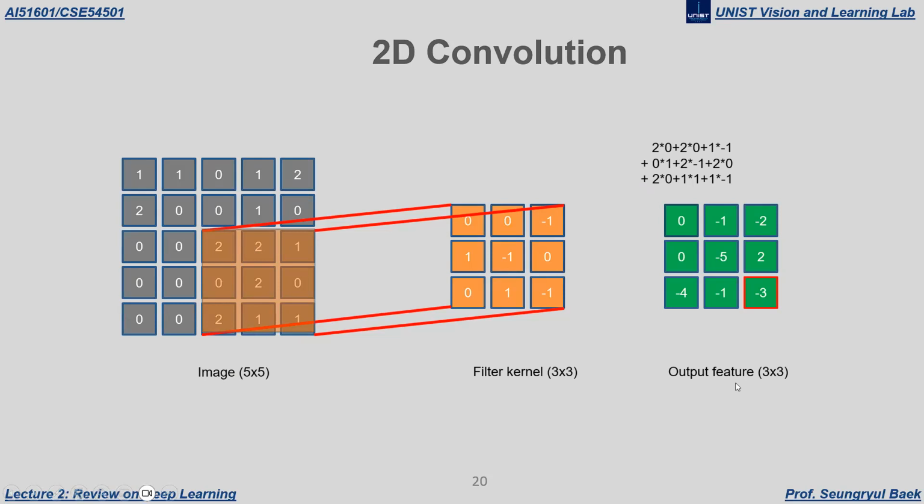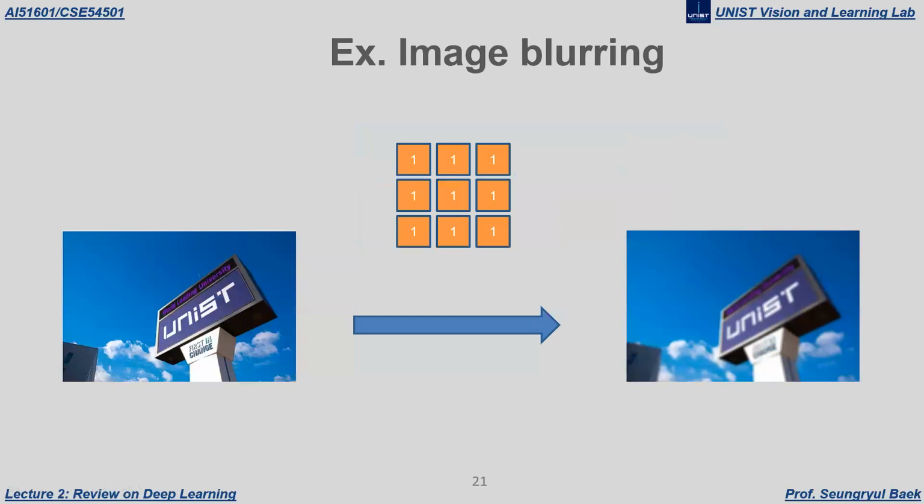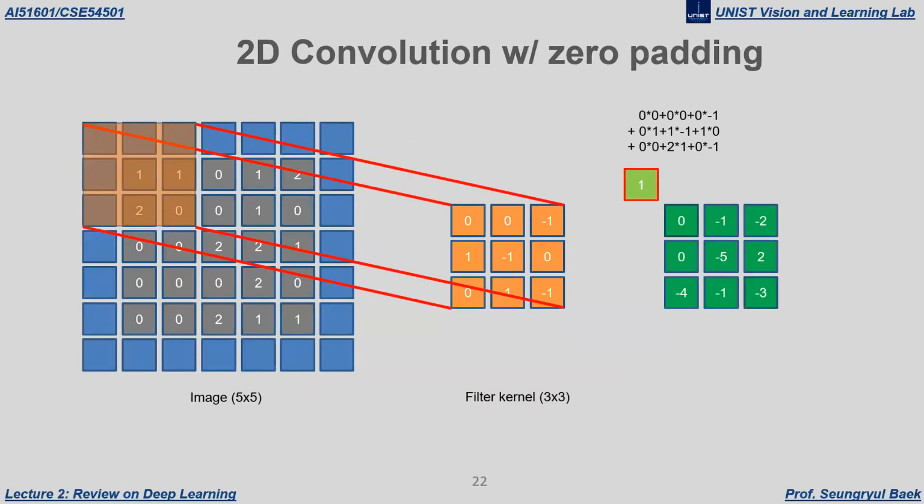It means your output becomes smaller than the input size, okay? This is the naive 2D convolution, but sometimes you don't want to make your output smaller compared to the input image. In some cases you want to maintain the input size, right? So in that case, the simple scheme you can use is zero padding, okay?